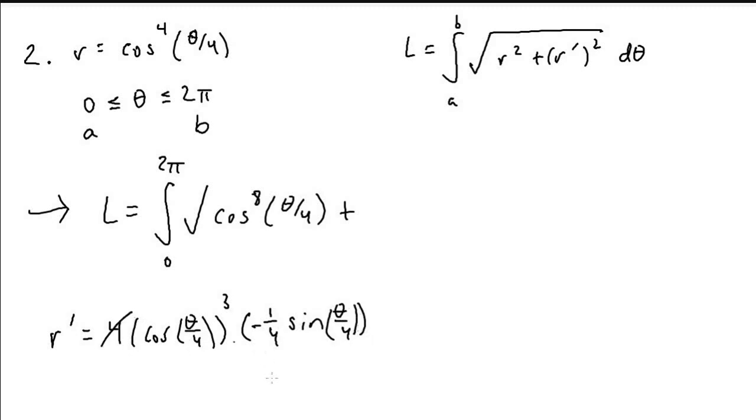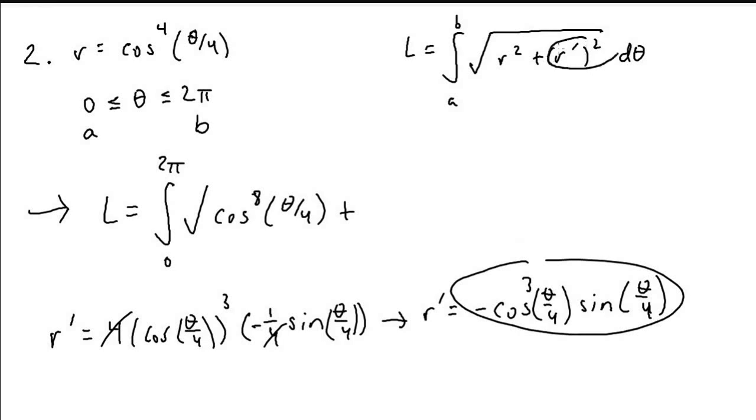So notice the 4 and the 1/4 will cancel, and so r prime is going to be equal to negative cosine cubed of theta over 4 times sine of theta over 4. So if this is what r prime equals, we need to find what r prime squared is.